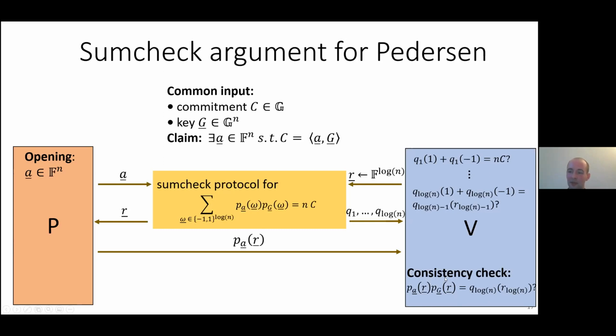The polynomial is a product of a message part related to the message A and a key part related to the key G. Since the message is private and only the prover knows it, the verifier can't compute the PA part of the polynomial by themselves. So the prover has to send this part to the verifier, so the verifier can make a final consistency check.